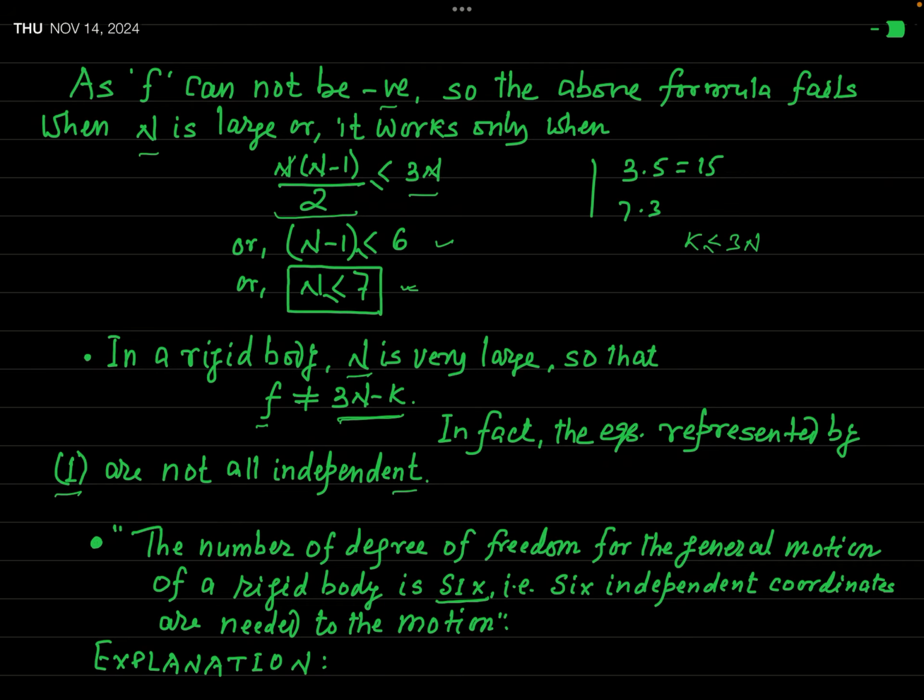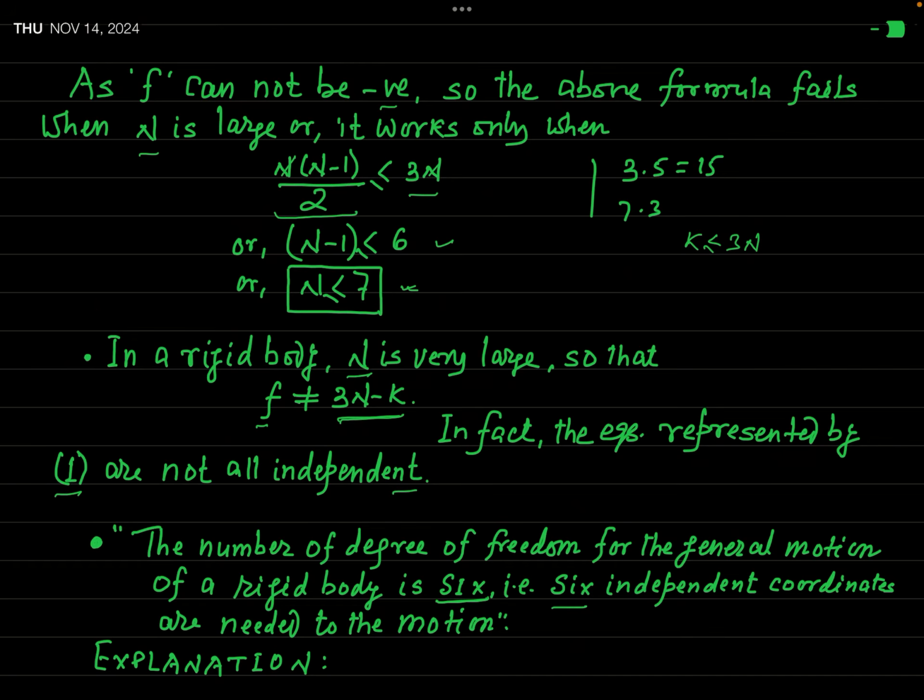When you say that the number of degrees of freedom of a rigid body in case of its general motion is 6, what does it mean? It means you will need 6 independent variables or 6 independent coordinates for dealing with the motion of the rigid body, and those coordinates or independent variables are called generalized coordinates.